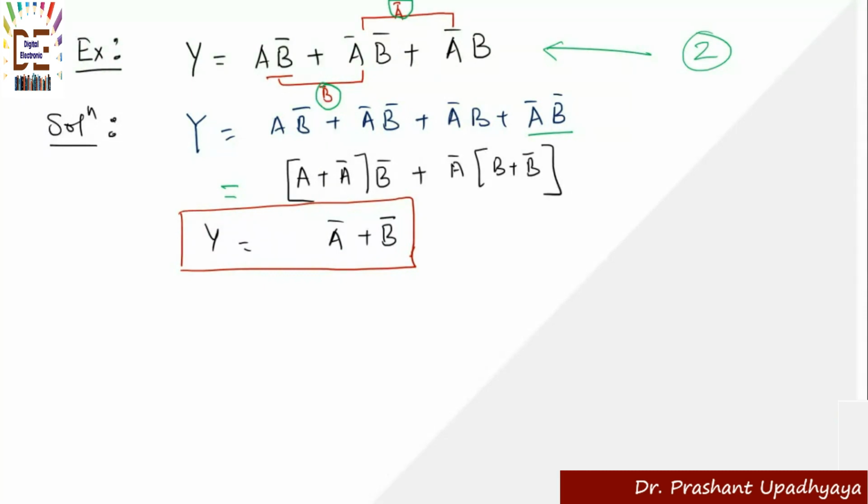Okay, so let me go with 3 variables. Let's say I take a, b and c. So let's say I take a plus b and another a plus c. We have seen the multiplied form in the AND operation. If we are following the OR operation, this can be one of the combinations.